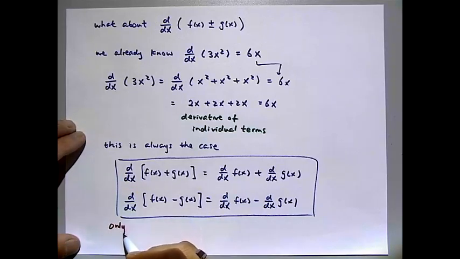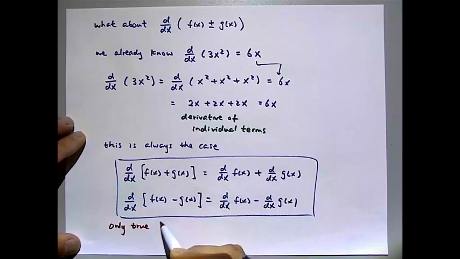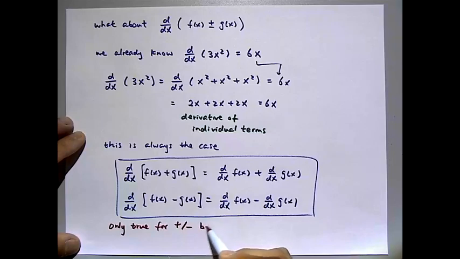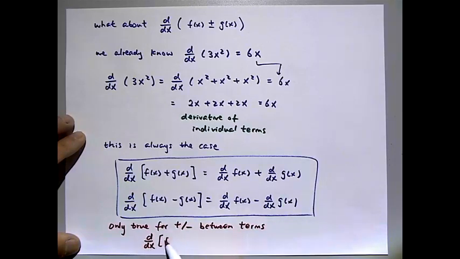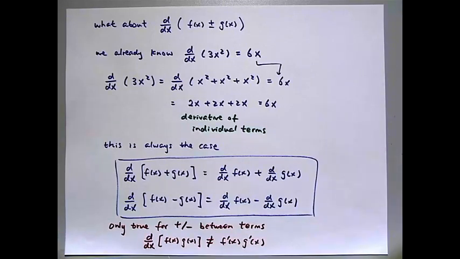We've got to be really careful with this. Don't carry this too far. This is only true for plus or minus between terms. If they are multiplied, for example, f times g, this doesn't carry to f times g.